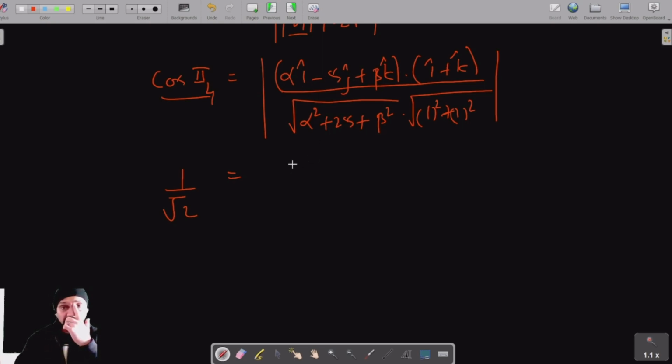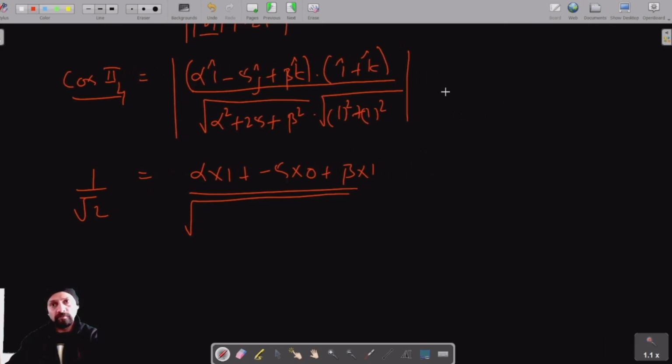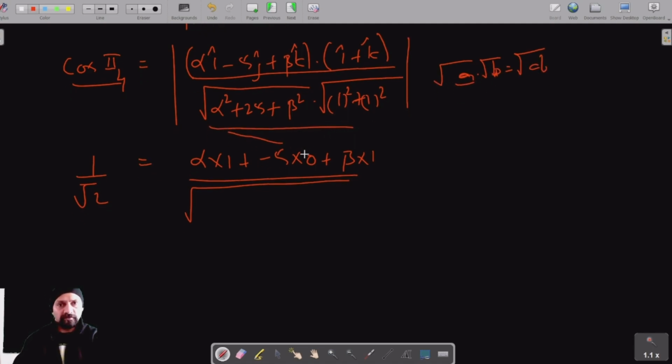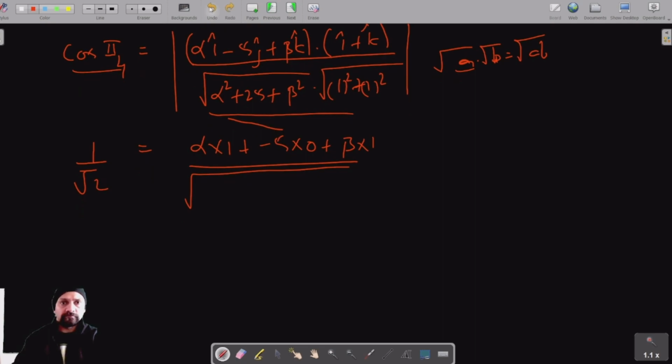Now the dot product of this is alpha into 1 plus minus 5 into 0 plus beta into 1. So this whole can be under root because root a into root b is equal to root ab. We write this here. Okay. Now this is alpha square plus beta square plus 25 into root 2, root 2 gets cancelled.